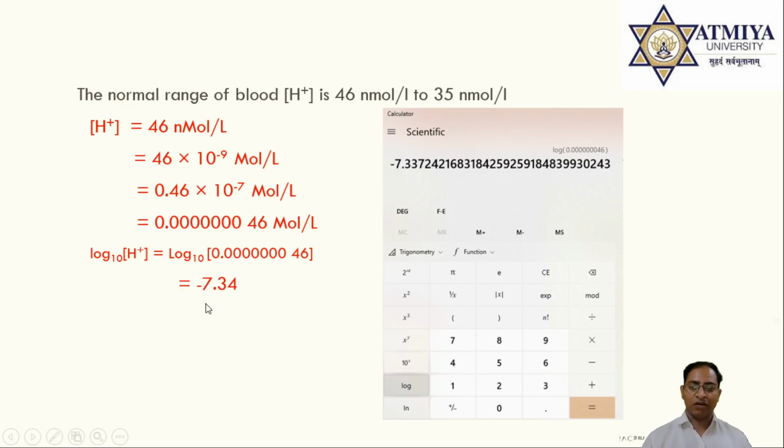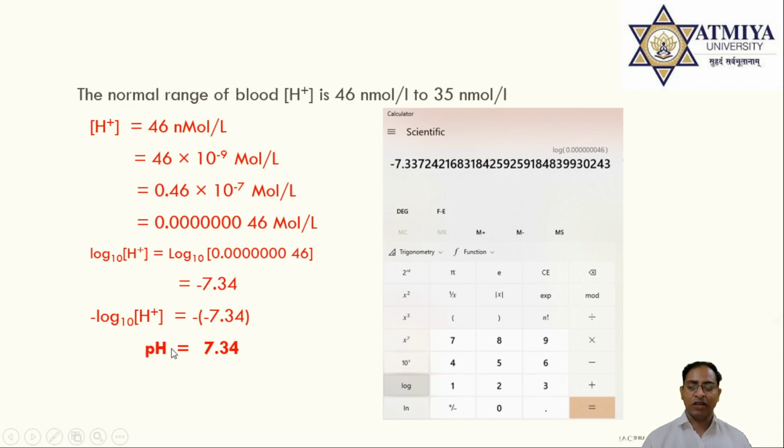So the value I got is minus 7.34, and as I already discussed, the formula for the calculation of pH is minus log to the base 10 of the hydrogen ion concentration. To get rid of this negative value, I can multiply both sides with a minus sign. If I multiply with the minus sign here, I get the value as positive, and the same I have to do with the negative sign on the other side. So as per the definition, minus log to the base 10 of the hydrogen ion concentration is pH.